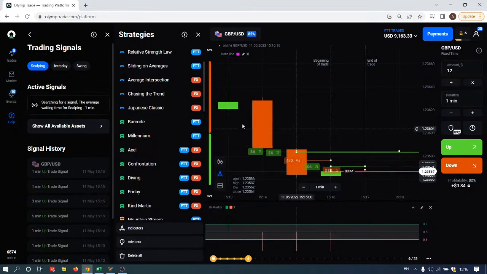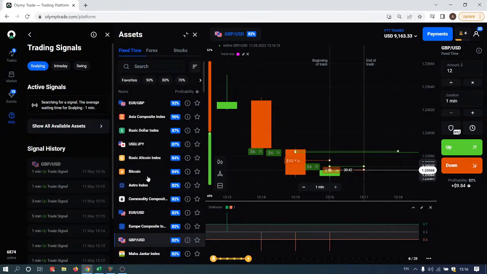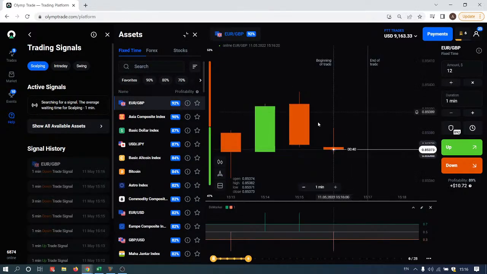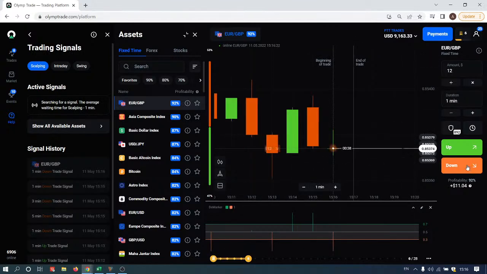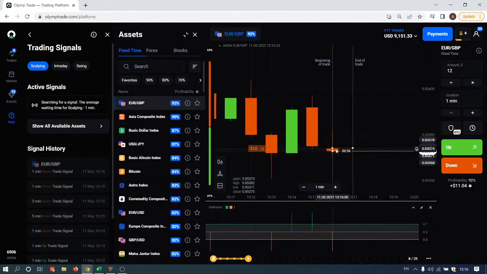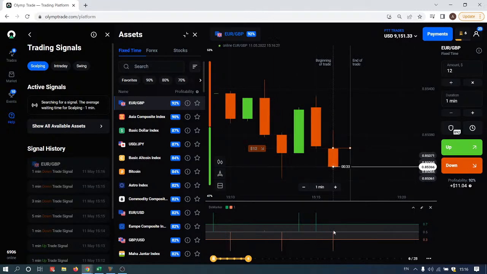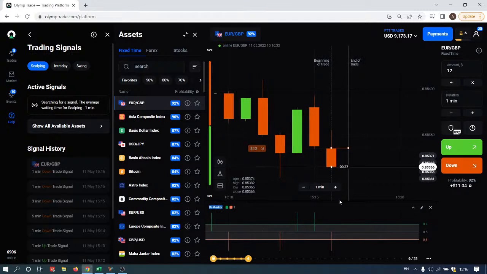For those of you who have never used this trading strategy, called barcode, the signal is this. We have only one indicator here, which is called the marker, with a period of 1.